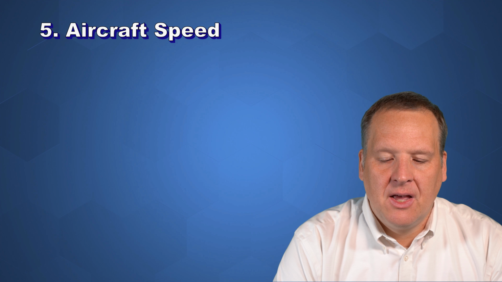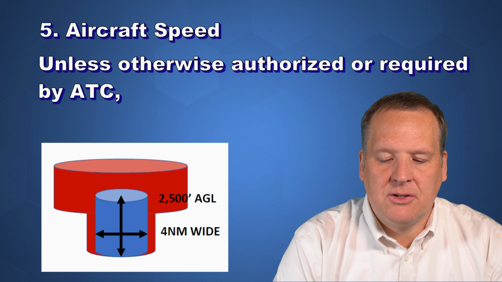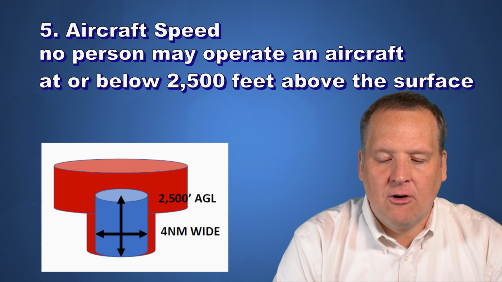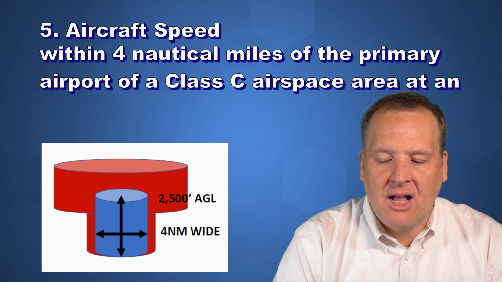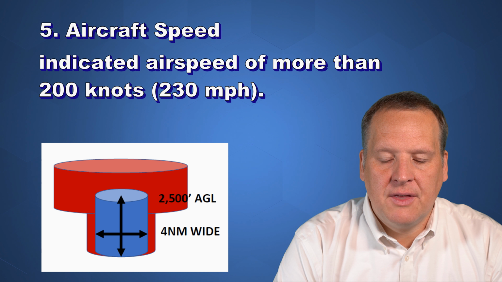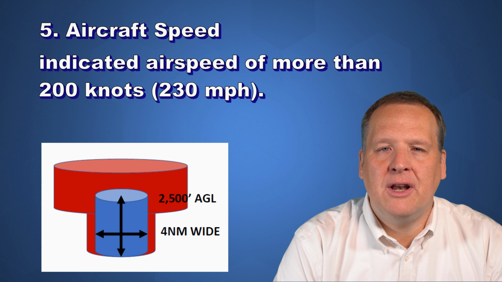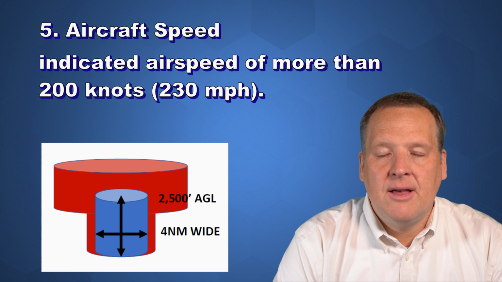5. Aircraft speed. Unless otherwise authorized or required by ATC, no person may operate an aircraft at or below 2,500 feet above the surface within 4 nautical miles of the primary airport of a Class Charlie airspace at an indicated airspeed of more than 200 knots or 230 miles per hour.